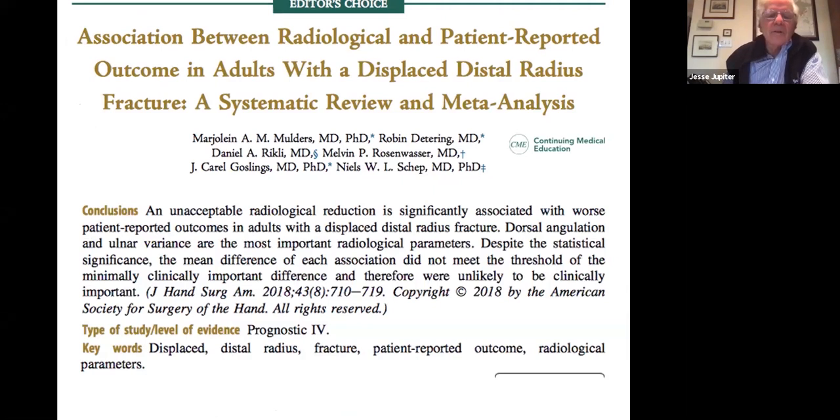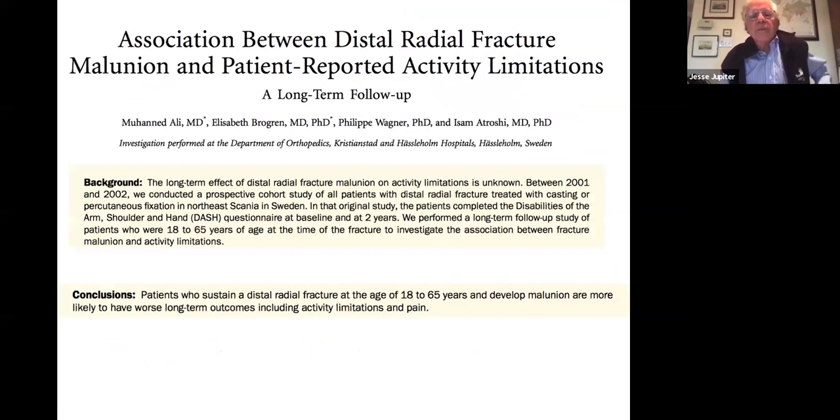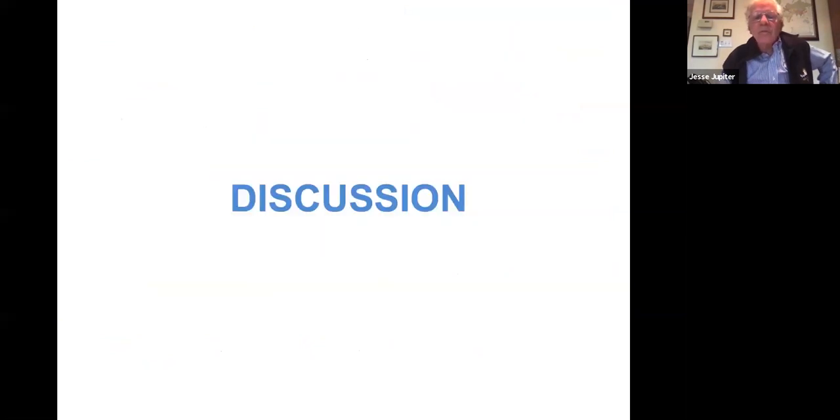However, you could look at it the other side and say that in active patients who want a better chance of motion and less pain, there is evidence, although not the threshold of statistically significant, to support the plate. We do know in several recent studies from Sweden that clearly patients who develop a substantial malunion, even if they're over 65, do have some problems.